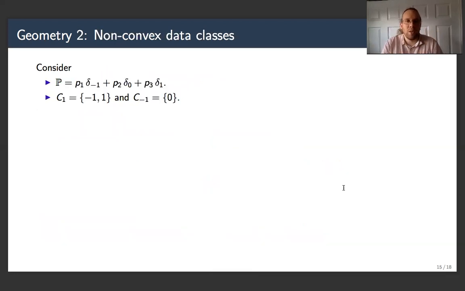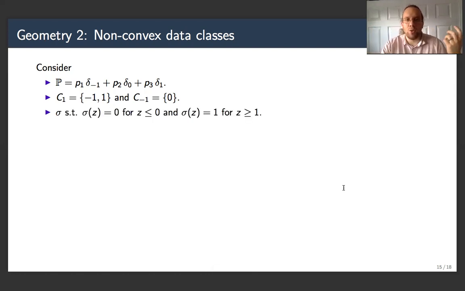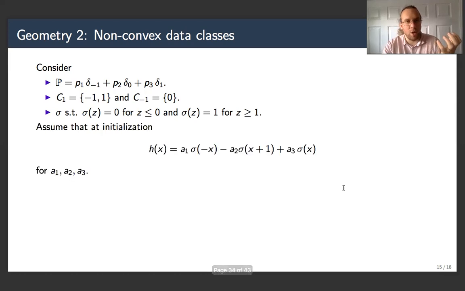The second geometry is much simpler. We've got 3 data points, one on the left, one on the right, and the middle one is its own class. So we've got non-linearly separable data. And then we used an activation function which becomes constant for large arguments so that the inner layer doesn't really move. And under those conditions, we can explicitly solve the gradient flow.